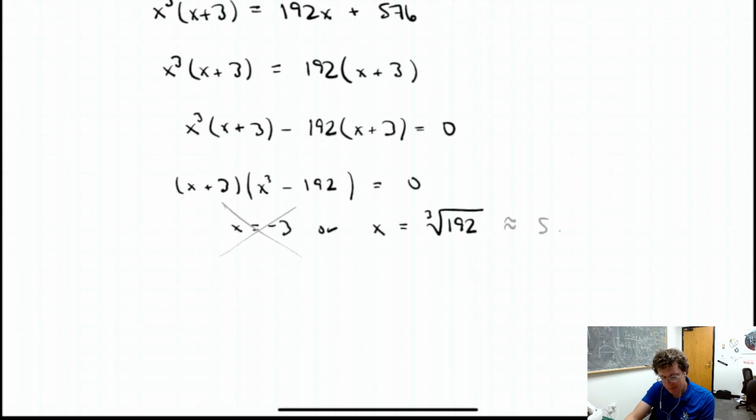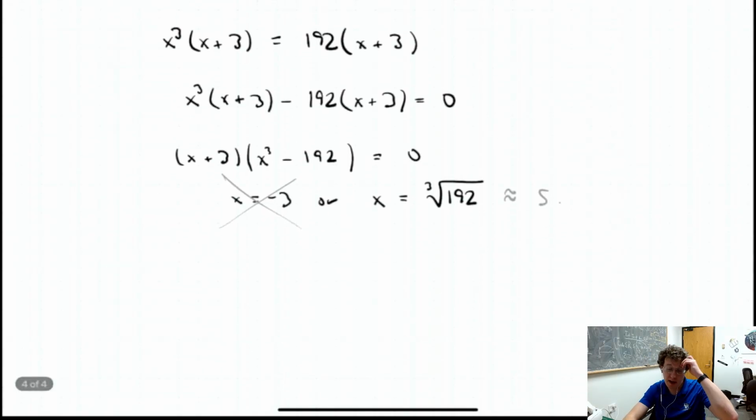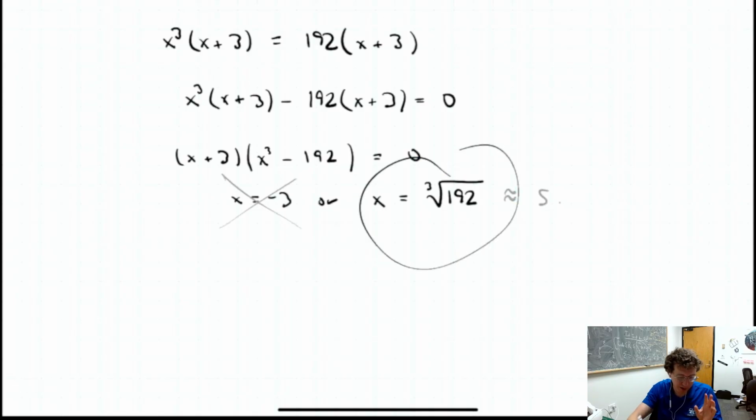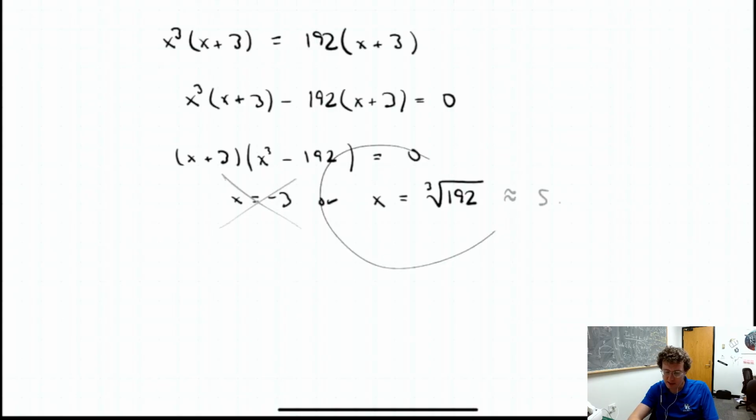As always, if you're given an optimization problem, you will probably be asked to justify that you have actually found the absolute minimum. So this is a critical number. That's what we were doing, remember? We were solving for the critical numbers. And it turns out this is the only critical number.